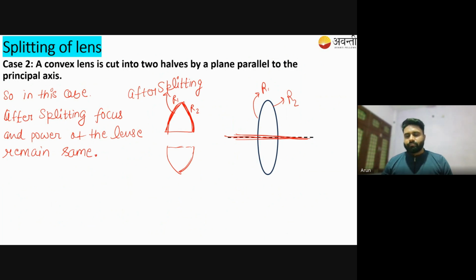Okay, so this is it. If you cut the lens by a plane parallel to the principal axis, it is not going to affect the focus of the lens or the power of the lens.